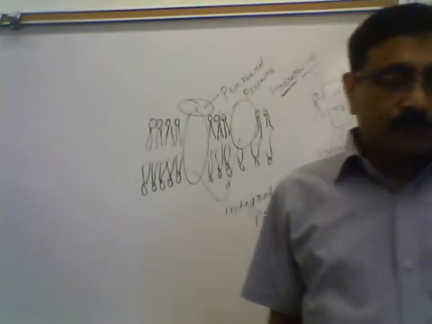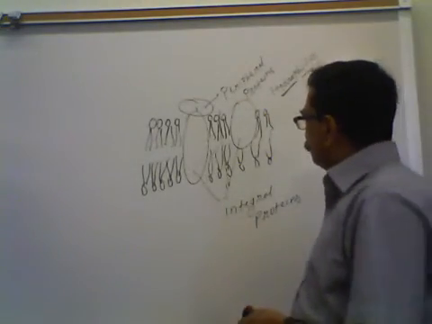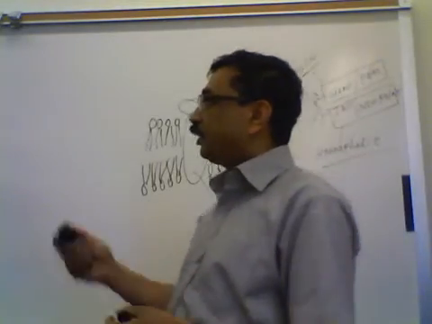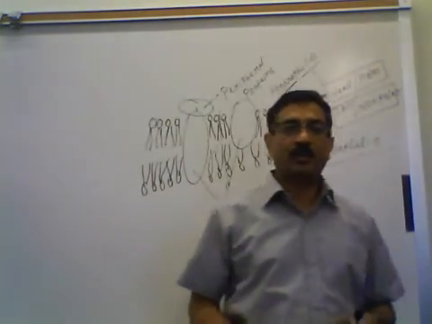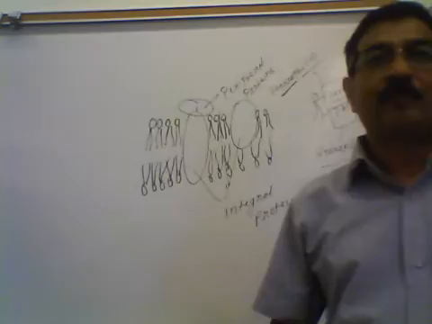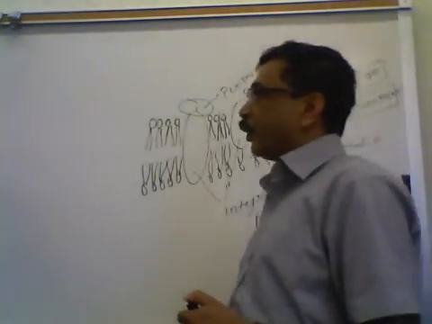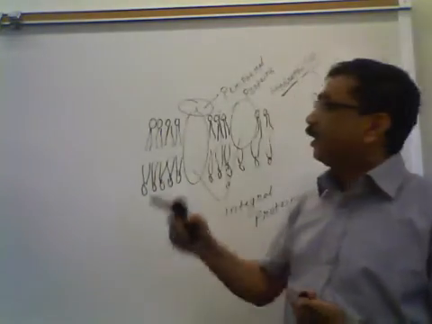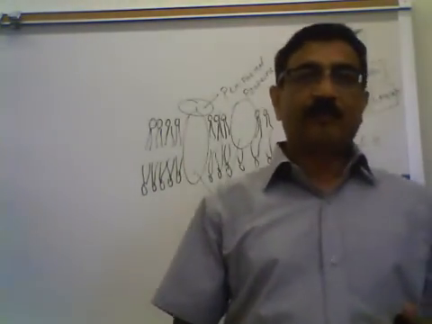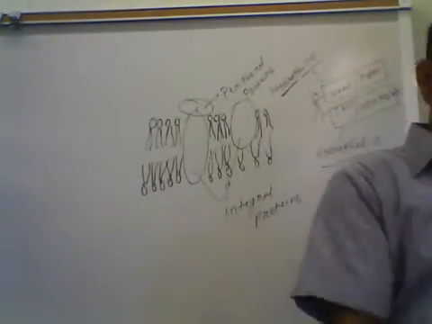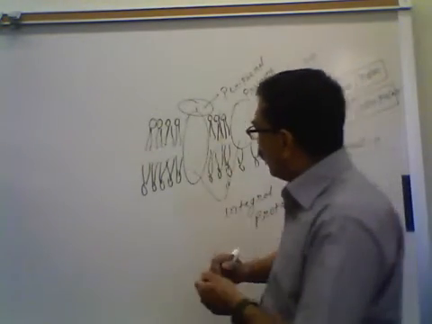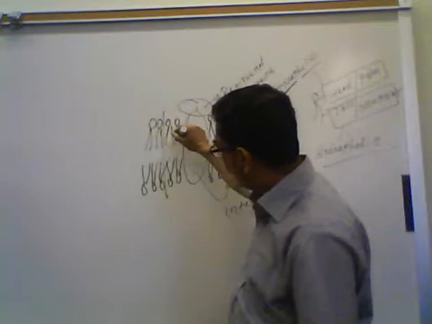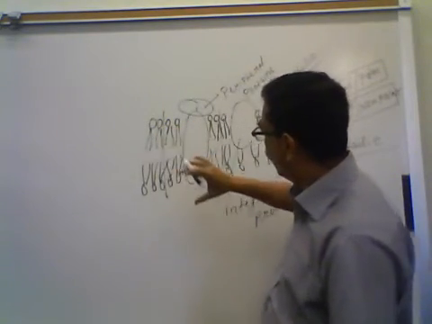Now, we will see the function of those proteins in the cell membrane. Integral proteins perform some important functions. Transport. You remember I said that water molecules cannot pass through the phospholipid bilayer because of the hydrophobic part here.